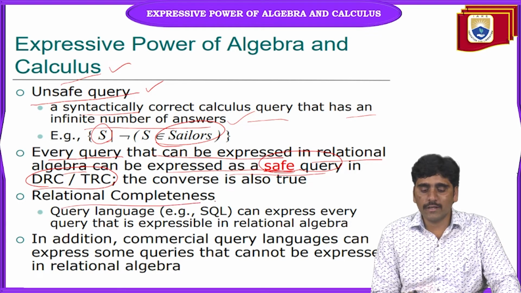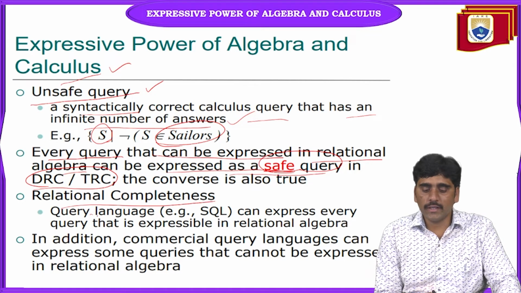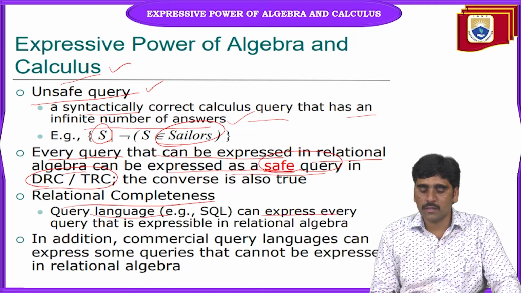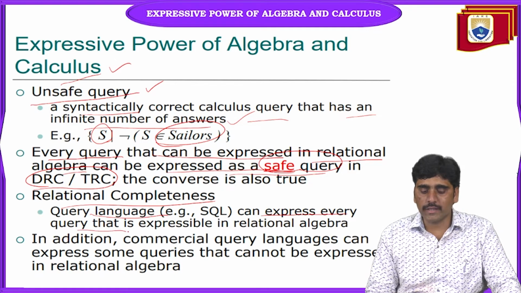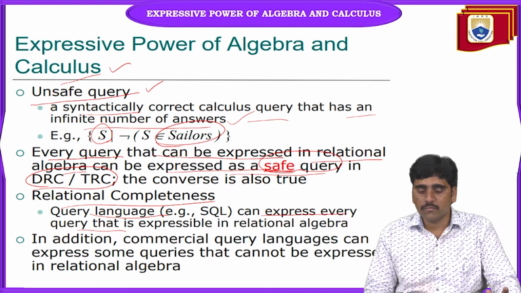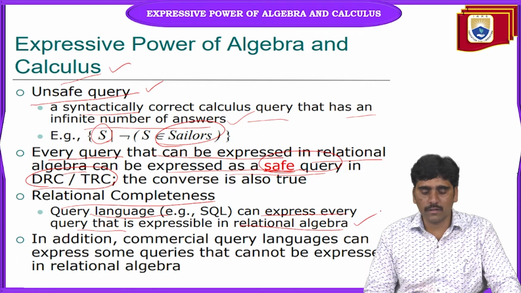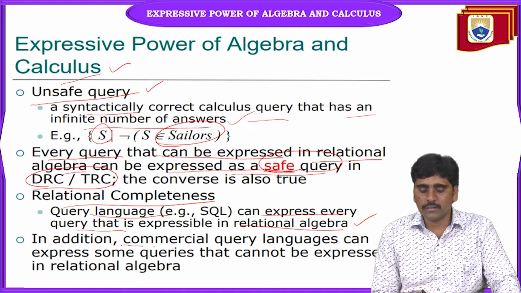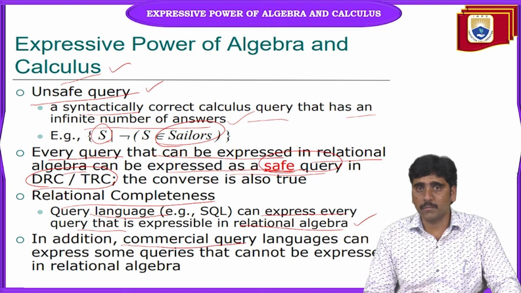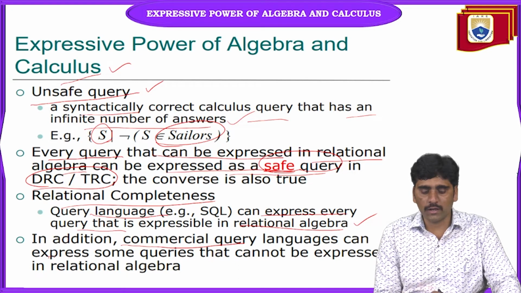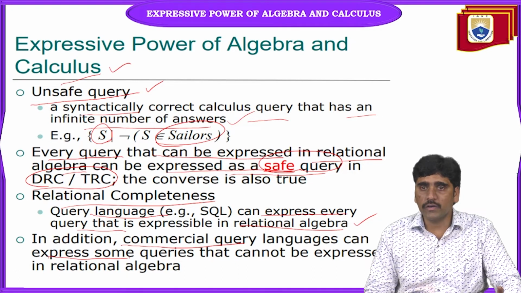And a relationally complete query language can express every query that is expressible in relational algebra. In addition, commercial query languages can express some queries that cannot be expressed in relational algebra.